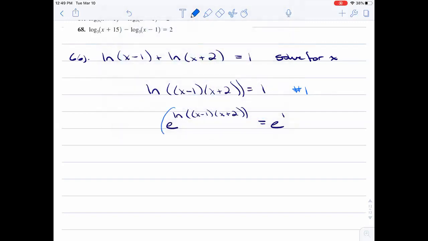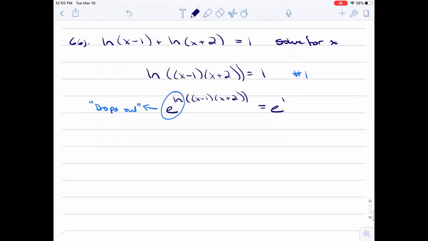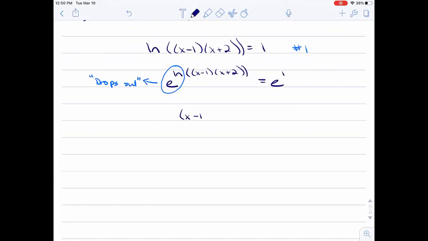The reason we use the same base is that it just kind of drops out and disappears, because remember, the rule says that e to the power of the natural log of x is just x. So now we have x minus 1 times x plus 2 is e to the power of 1, which I'll just write as e.